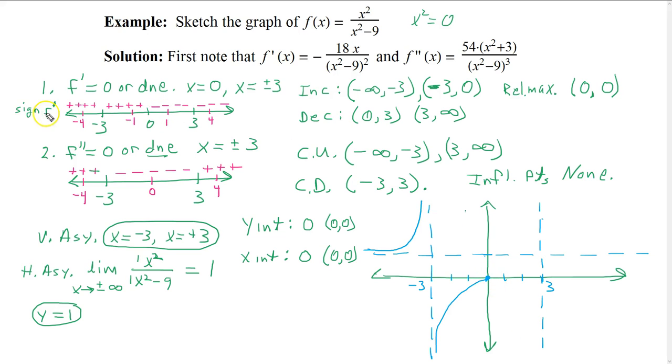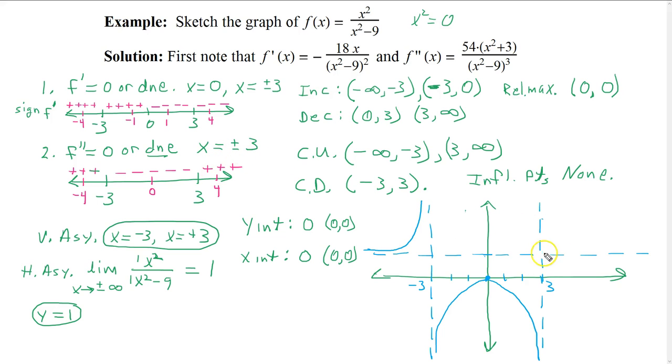Let's also note from the sign of f prime, we see that we should be decreasing and concave down. So we have to go like this, break down towards negative infinity at this vertical asymptote here. Now as we go from 3 to infinity, we should be decreasing and concave up.